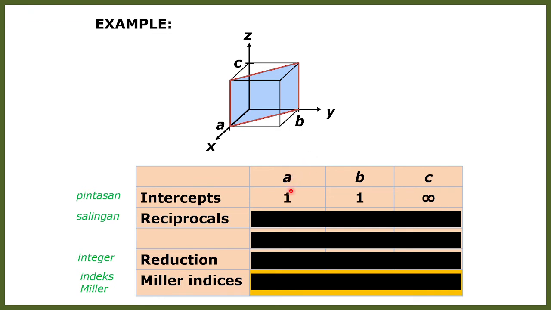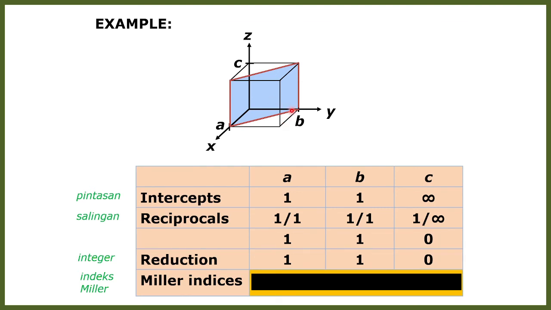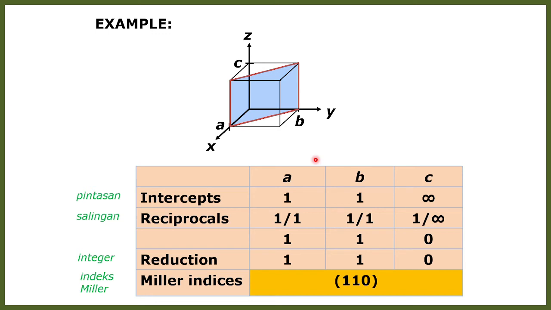Again, determine the reciprocal for this plane: 1 over 1, 1 over 1, 1 over infinity, so it is 110. You don't need to reduce anything because they are all integers. So the Miller index for this plane is 110.